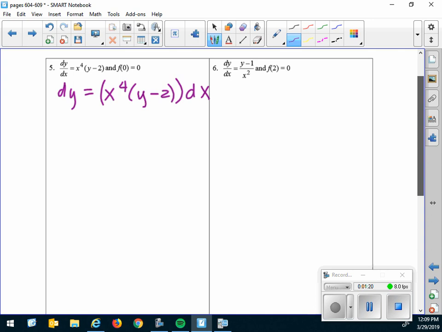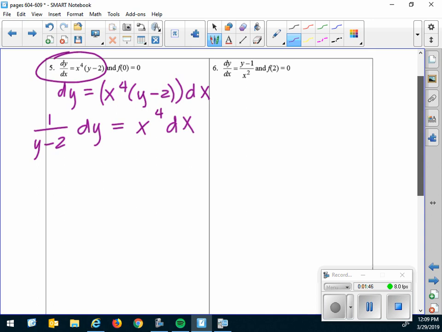Well, I have the x's and dx on one side, but I still don't have the y's with the dy. How can I get it that way? So what I'm going to do is 1 over y minus 2 dy equals x to the fourth dx. You could have done that straight from here.